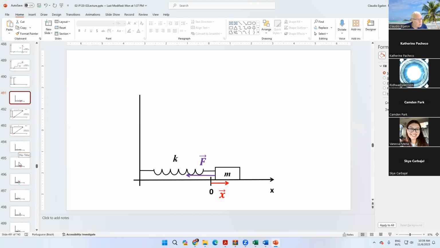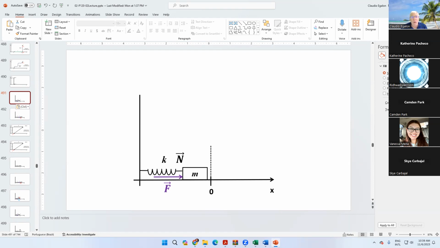Let's see if I have a drawing here. Yeah, I want to do this one instead. It's easier to visualize this one than the other one. So here you go. You compress a spring attached to a mass. You compress the spring, and the mass is not attached to the spring.